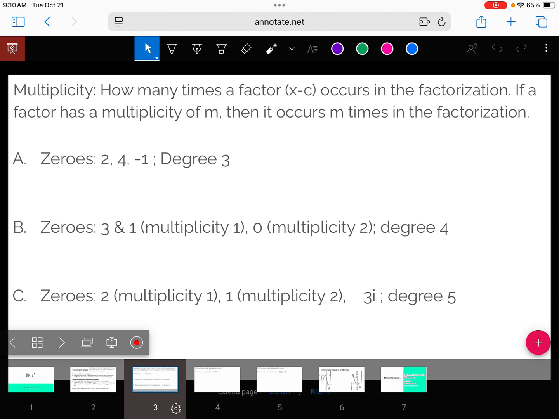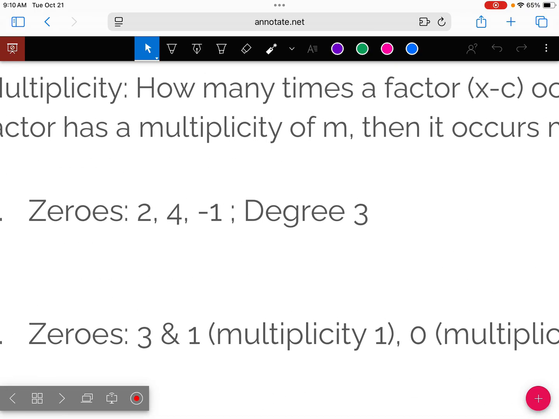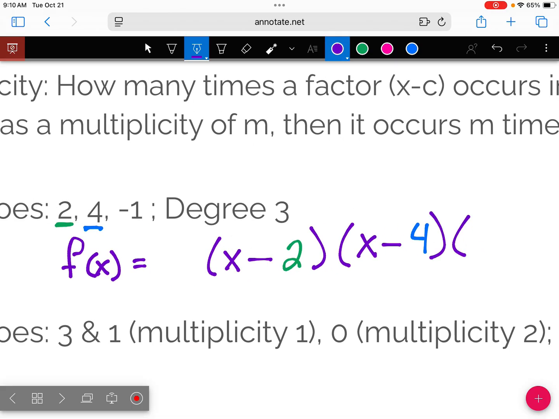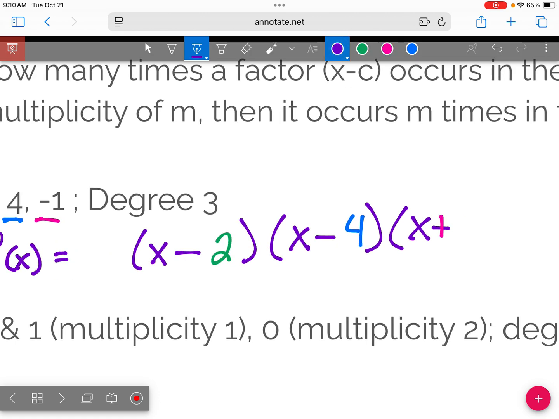So if we want to write a factored form of a polynomial that has zeros at 2, 4, and negative 1, what would that look like in factored form? x minus 2, x minus 4, and x minus negative 1, which becomes x plus 1.